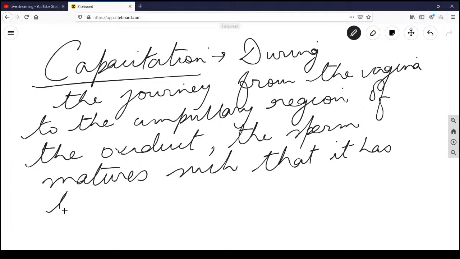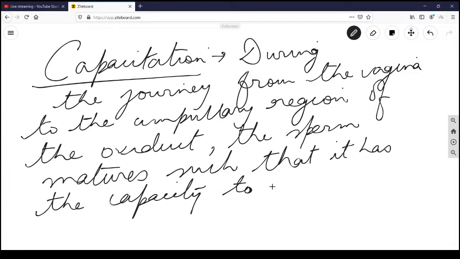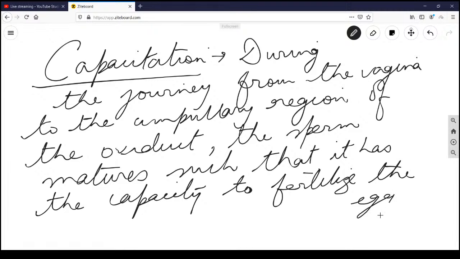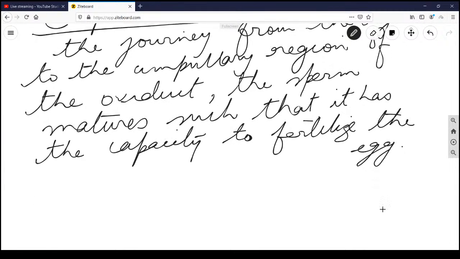That is known as capacitation, when the two meet in the ampullary region.